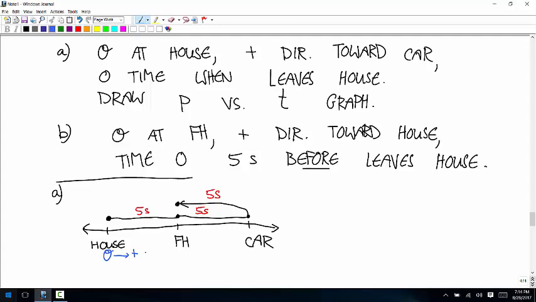We know the fire hydrant is 15 meters from the house, which is our zero position. So if you go 15 meters in the positive direction from zero, what number are you at? You're at positive 15. And then it's 10 meters from the fire hydrant to the car. That's 10 more meters in the positive direction because the positive direction is defined this way. So what's the numeric value of the car? 25.